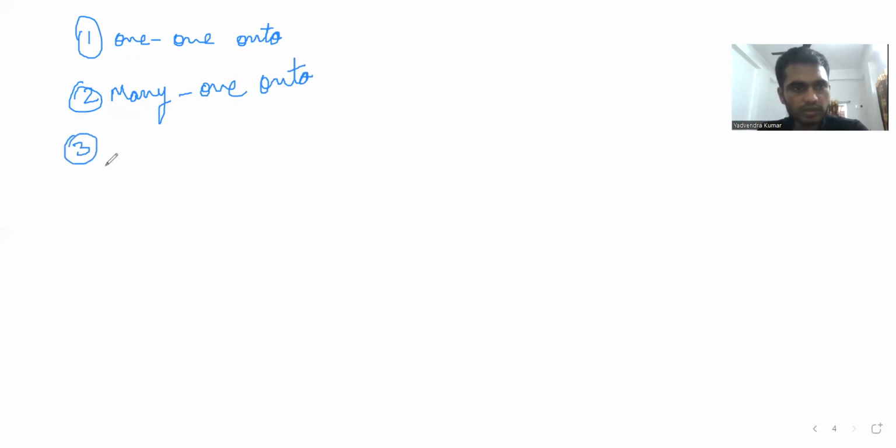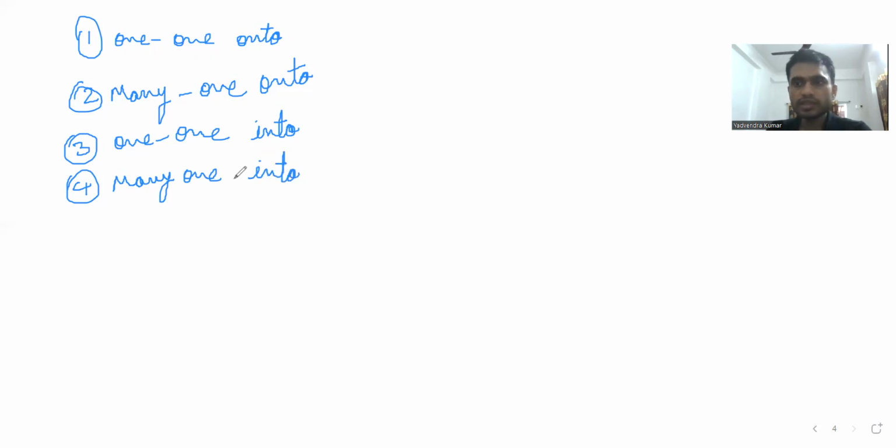The third type is 1 1 but not onto, so it is into. And the fourth one is many one into. I have written these four: 1 1 and onto, many one and onto, 1 1 into, and many one into.